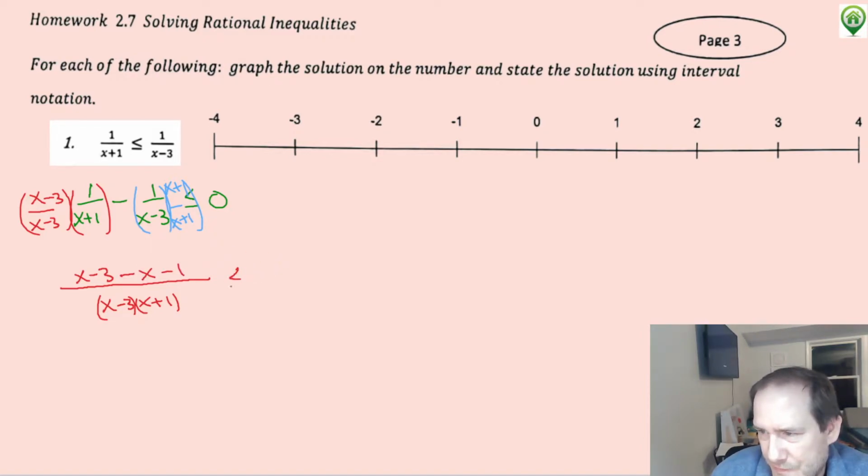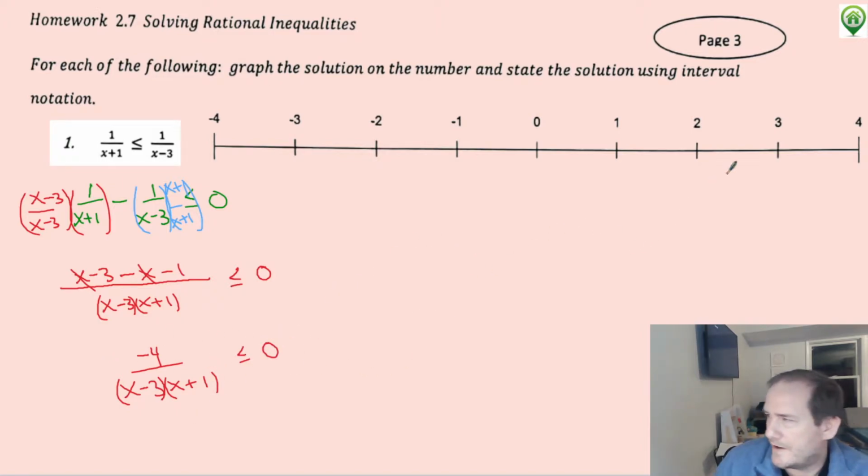And all that's supposed to be less than or equal to 0. So this one happens to clean up pretty nicely. The x's cancel. You get negative 4 over (x minus 3)(x plus 1).